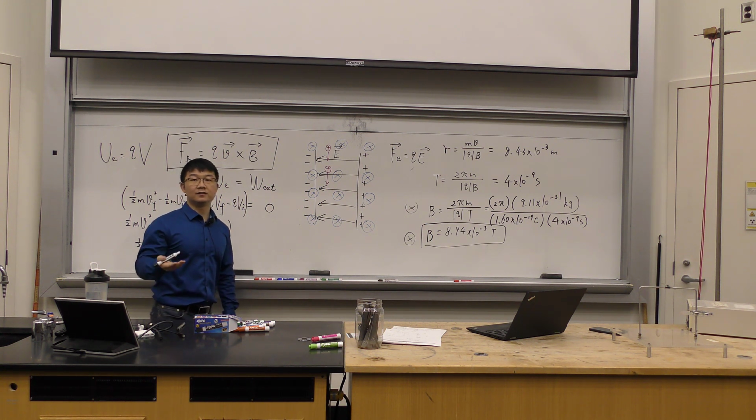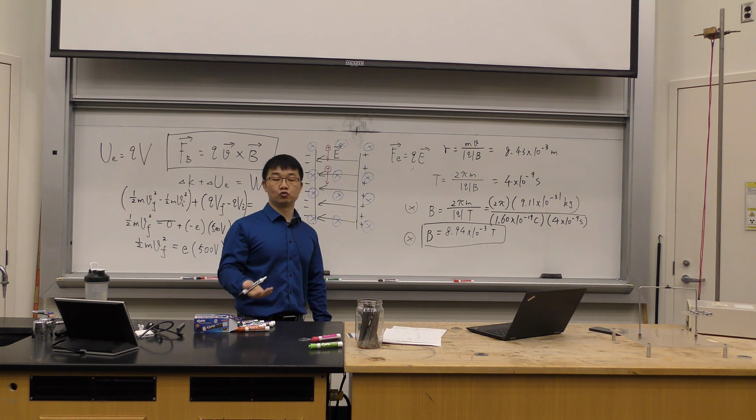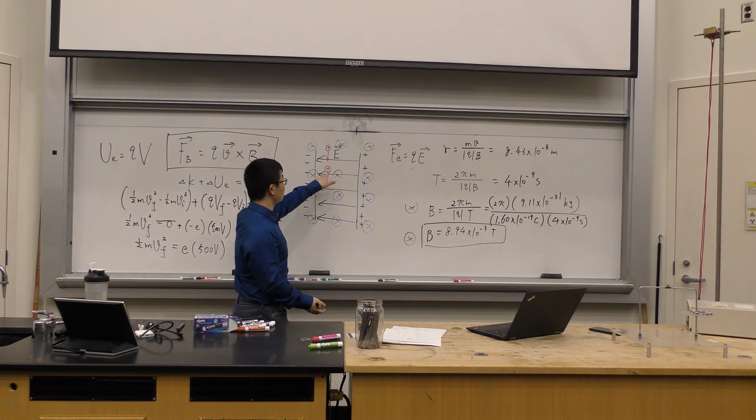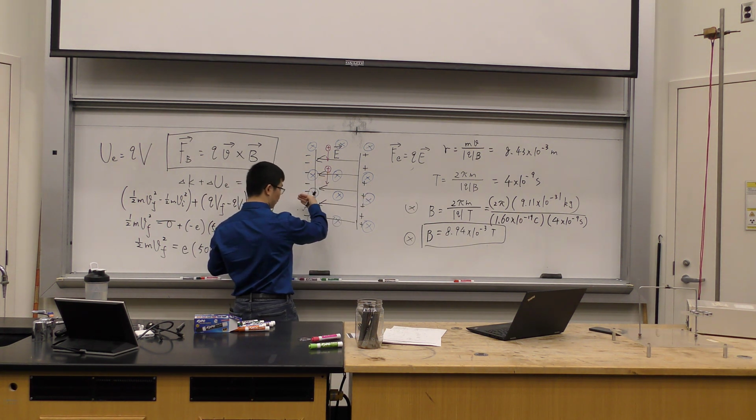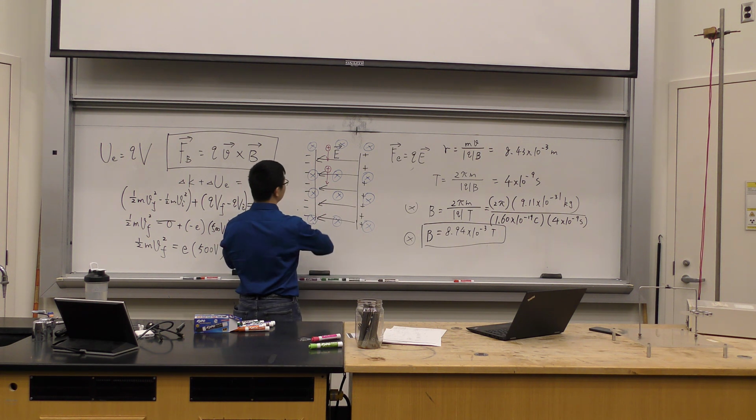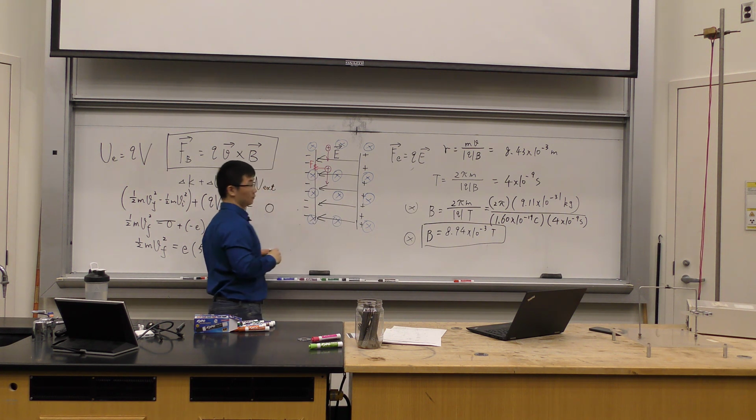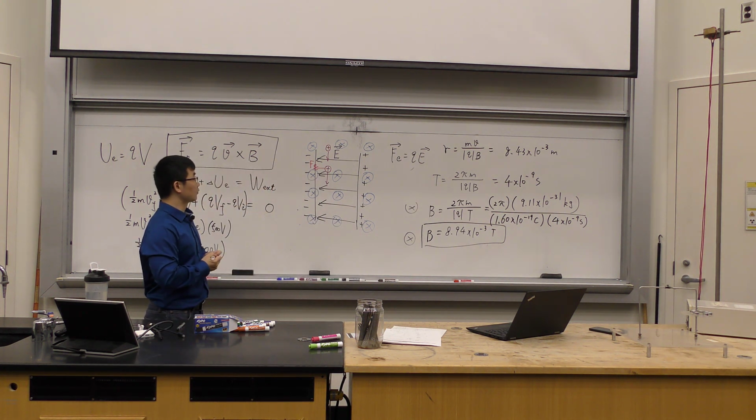It's going to be either the same or opposite to that field. Now, this is a positive charge. Electric field is to the left. So it's going to feel a force to the left. That's going to be the electric force, and that's not going to change.